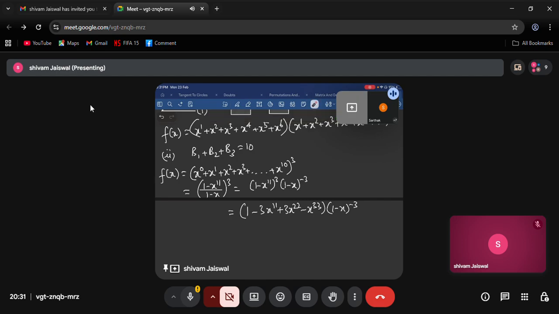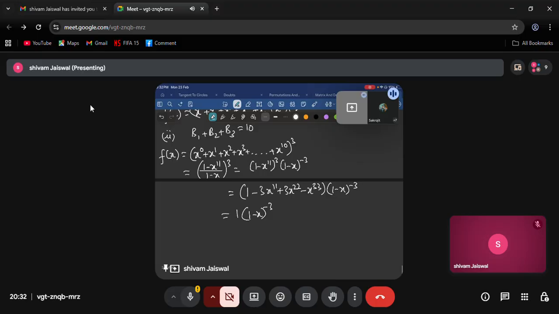Now, first of all, tell me, do we need 3x to the power 11? Whatever we don't need, I won't write. Do we need minus 3x to the power 11? No, sir. We don't need it because we need the coefficient of x to the power 10 only. So in the subsequent terms that are going to come up, they are not required.